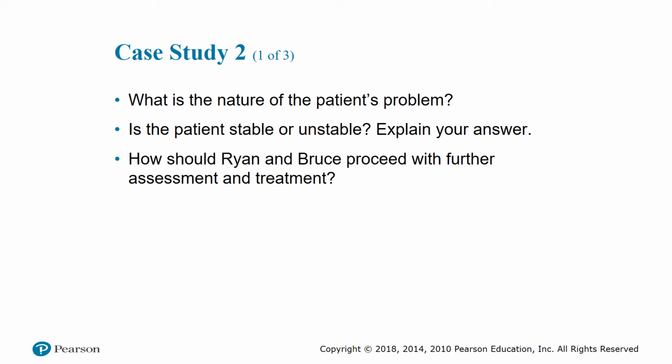We said that any deficiency that we found in those critical systems that we could not correct relatively quickly and fairly easy would bump up the priority of this patient. It would bump it up to a higher priority. So I'm going to go with my first instinct here and say that this patient is unstable.